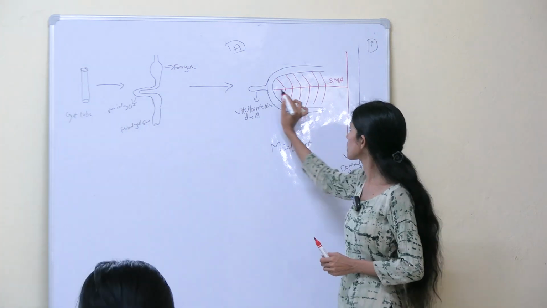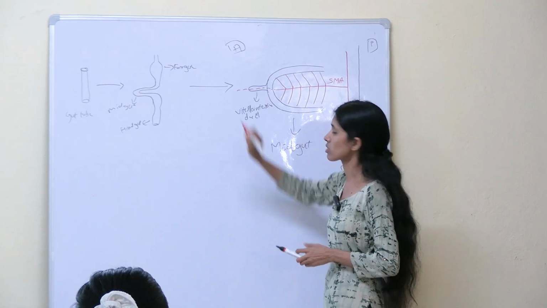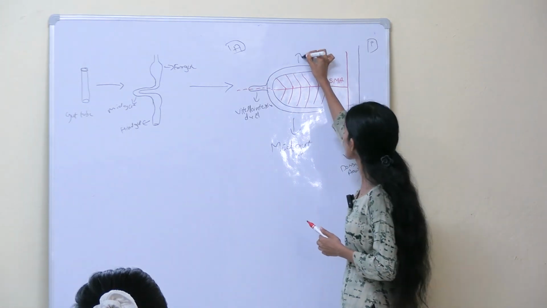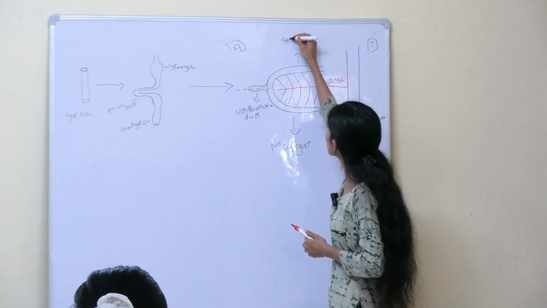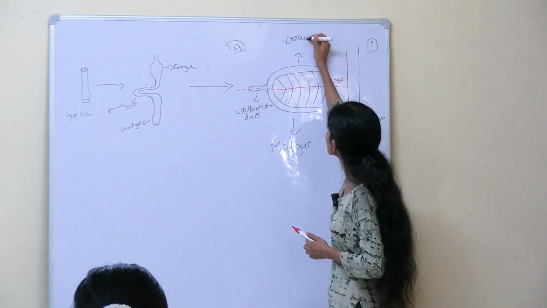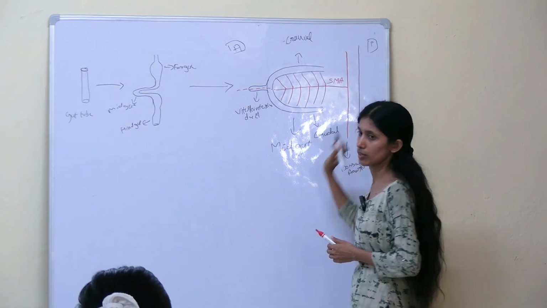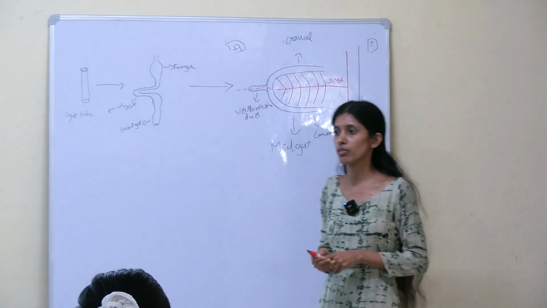So this superior mesenteric artery divides your midgut into two parts. This part is called the precranial part and this part is called the caudal part. Is it clear for everyone?